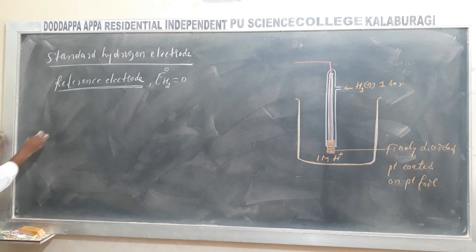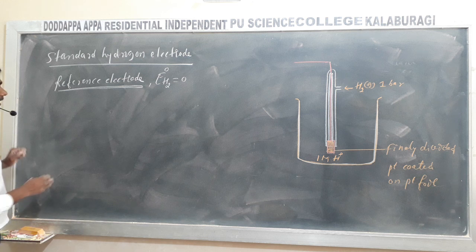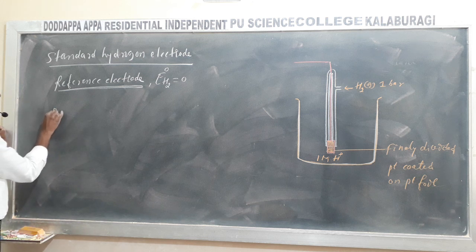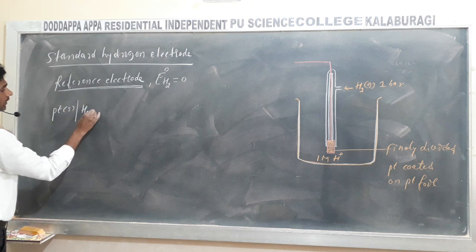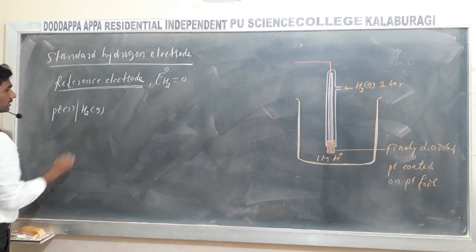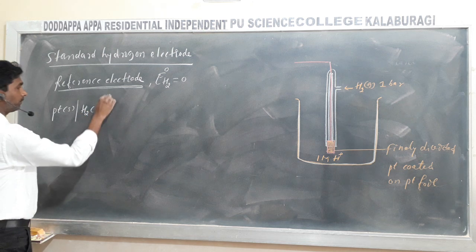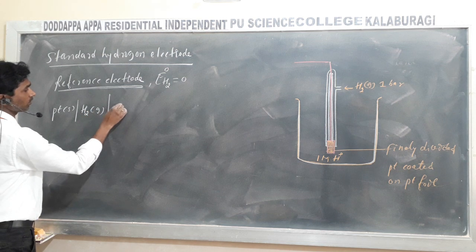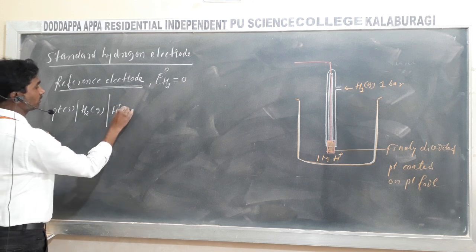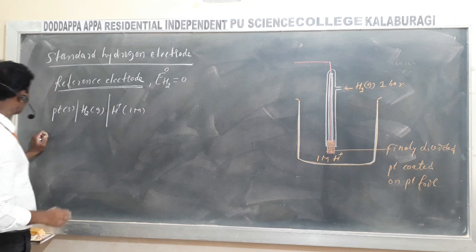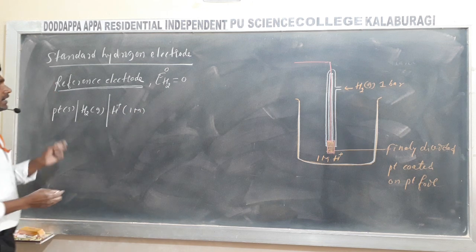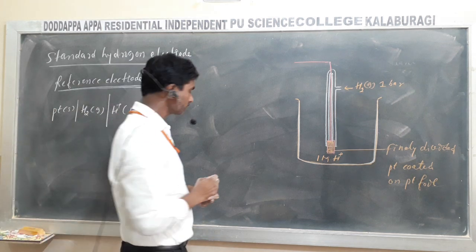So how do you represent this standard hydrogen electrode? The platinum solid, it absorbs H2 gas, and it is dipped in a solution of hydrogen ion concentration of 1 molar. So this is the cell representation of the standard hydrogen electrode.